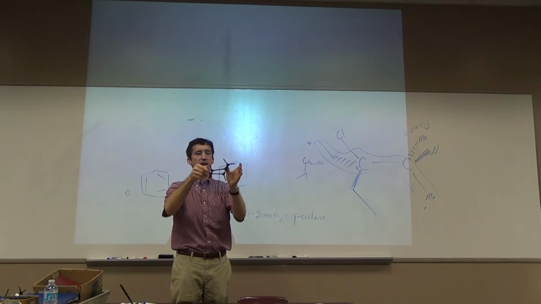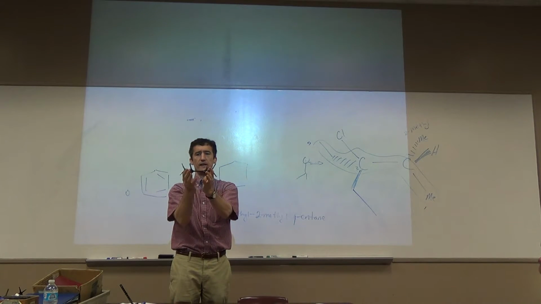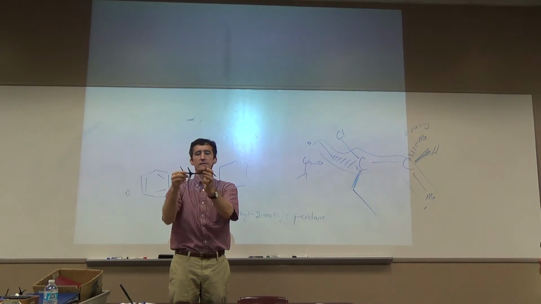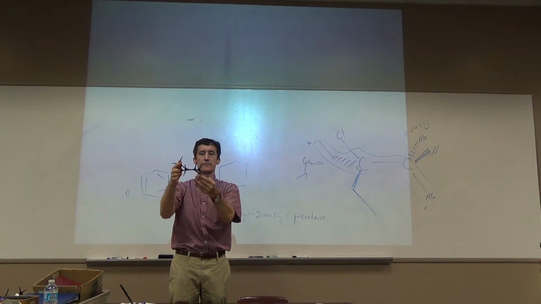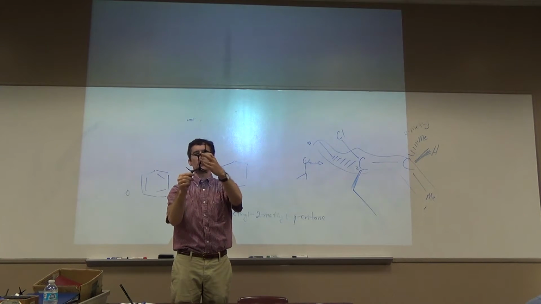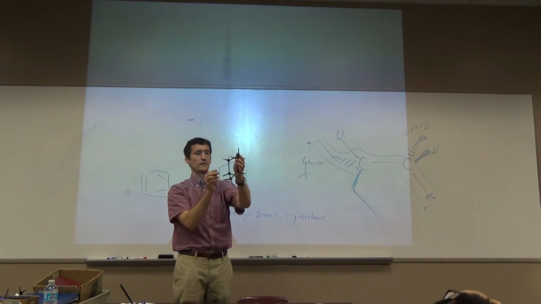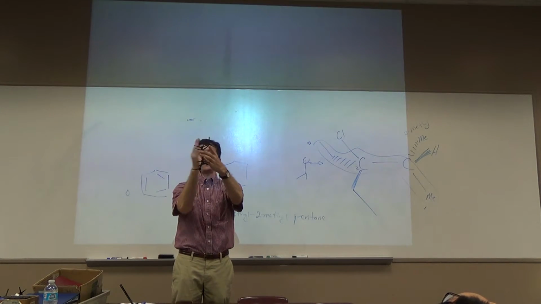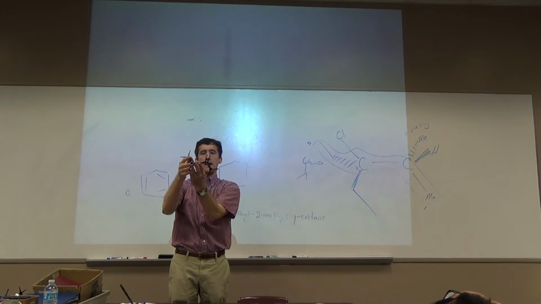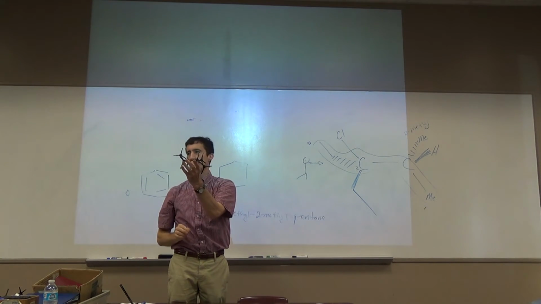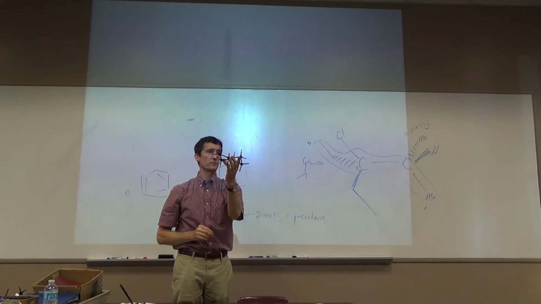So that's boat. And I won't say anything about boat again, because boat is not as good as the next one. Instead of where it's flat, planar, one goes up, and the other, guess what? Goes down. Now if we look at the 4 in the plane, one is coming this way and the other is coming that way. And yes, what we have here is not a boat, but it's called a chair conformation.